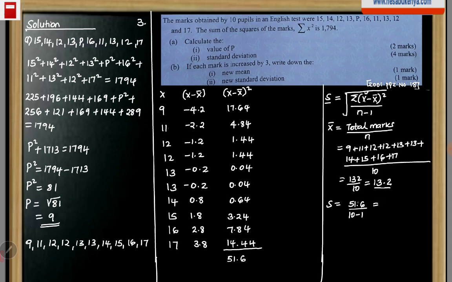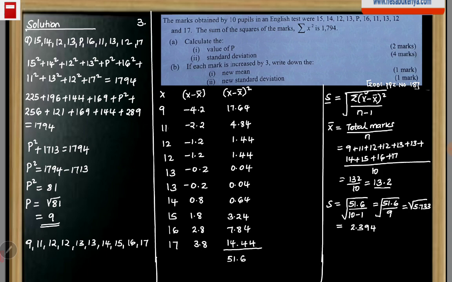This is equal to the square root of 51.6 over 9, which gives us the square root of, dividing the two, 5.733. So finding the square root, we will get our S to be equal to 2.394.